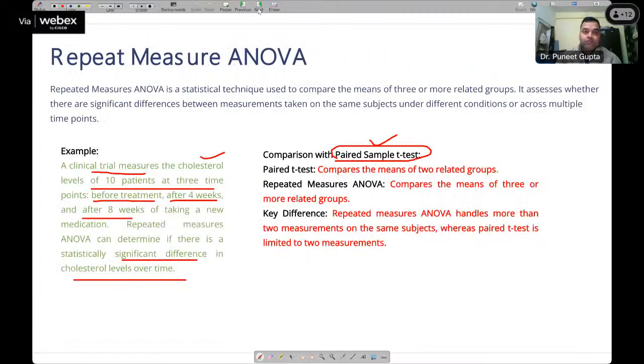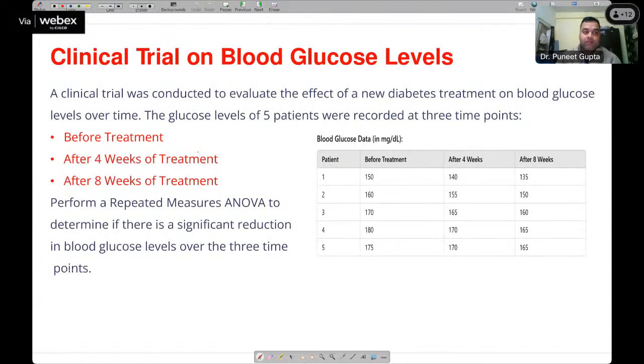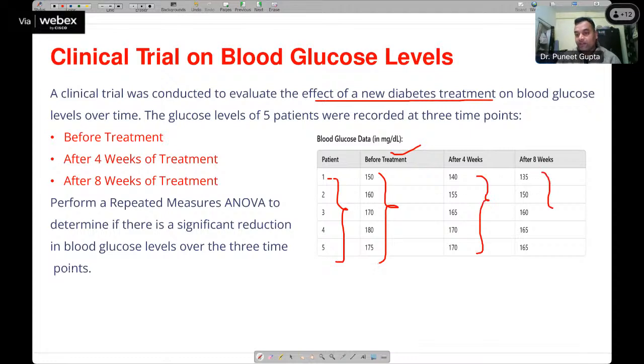So let's take one more numerical. Before treatment data is given, what is the question? A clinical trial was conducted to evaluate the effect of a new diabetes treatment. So before treatment, what was the blood glucose, after 4 weeks what was the blood glucose, and after 8 weeks what was the blood glucose, right?